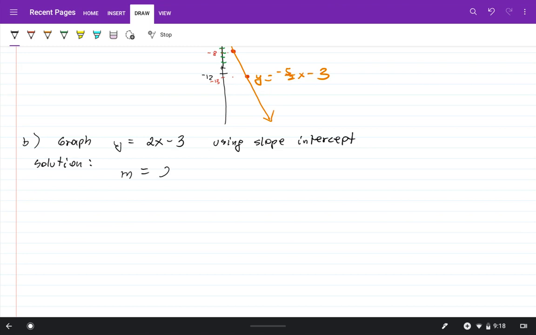When the slope is a whole number, you always want to write it as a ratio. So 2 you can write as the fraction 2 over 1. Since the slope is rise over run, and we have 2 positive numbers, that means we will go up 2 units. And run means you're moving to the right or to the left. Since 1 is positive, we will move 1 unit to the right.